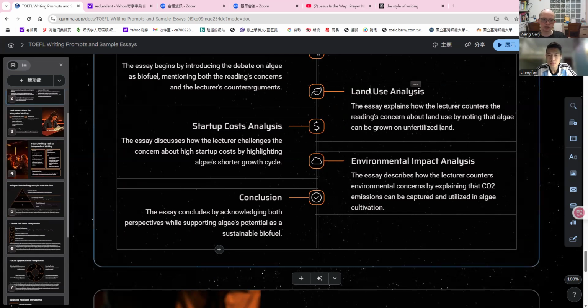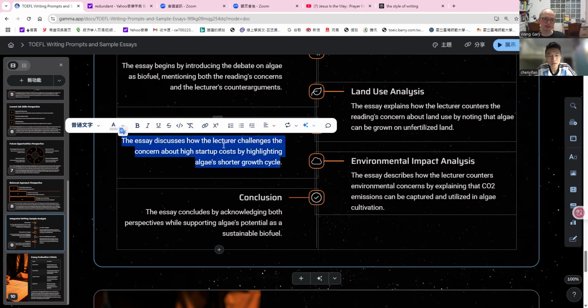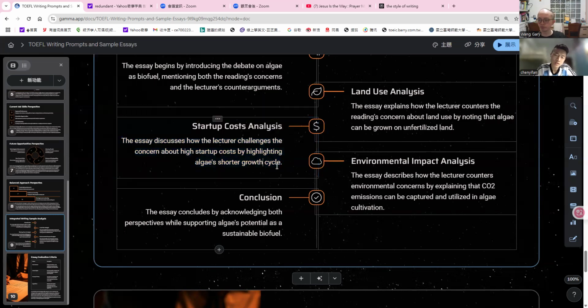So one, land use, two, startup costs, three, environmental impact. And the key point for us today is, I think, this one. The essay discusses how the lecture challenges the concern about high startup costs by highlighting algae's shorter growth period.